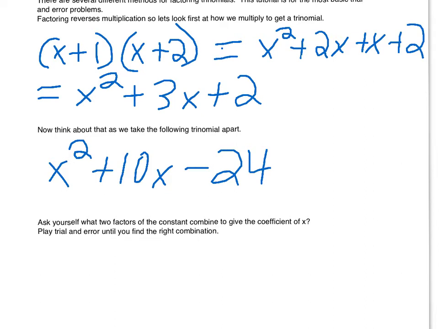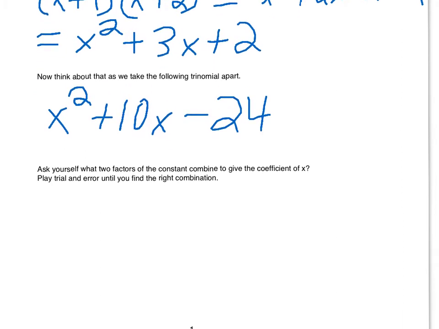Let's ask ourselves what two factors of the constant, which is negative 24, will combine to give us the coefficient on x, which is 10. Since it's negative 24, we will have to subtract, as I mentioned before, to get that 10. 10 needs to be positive when we get there.